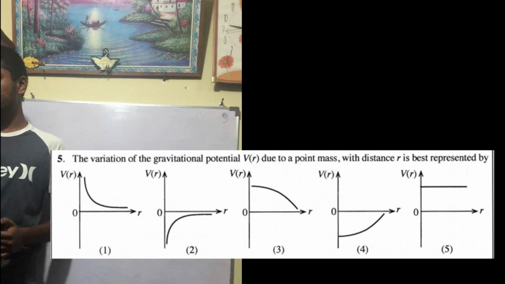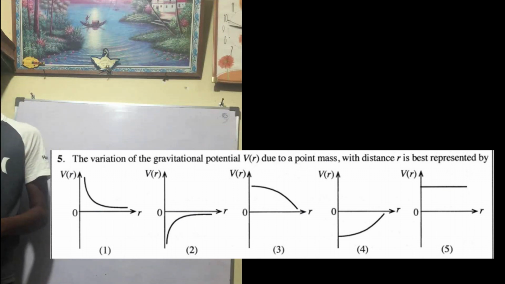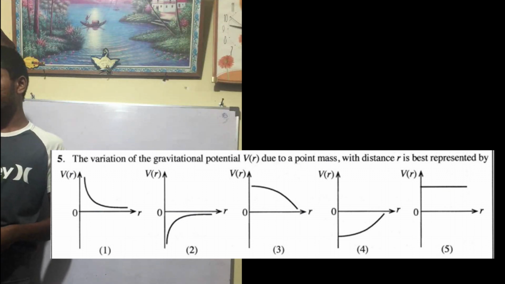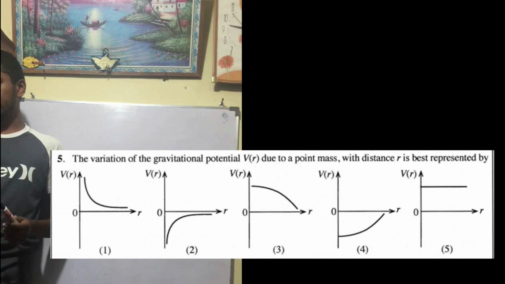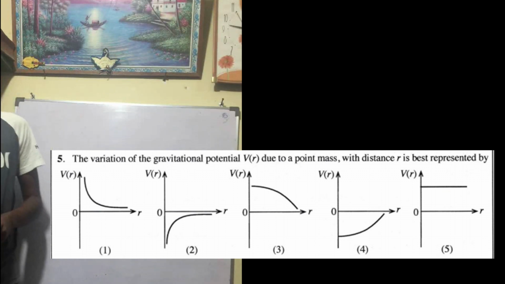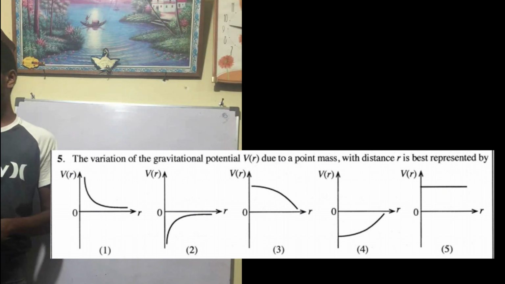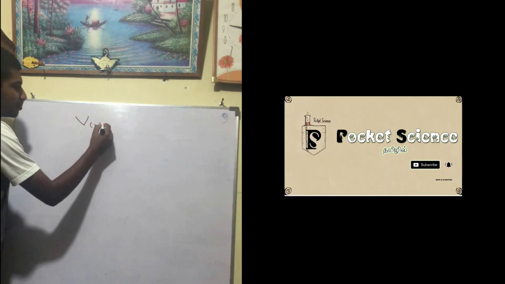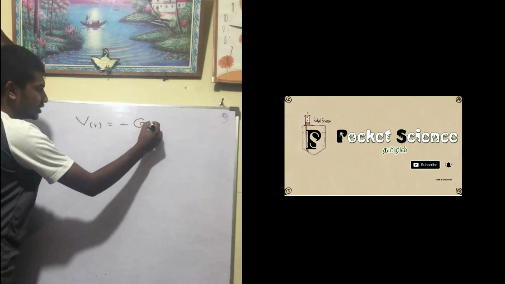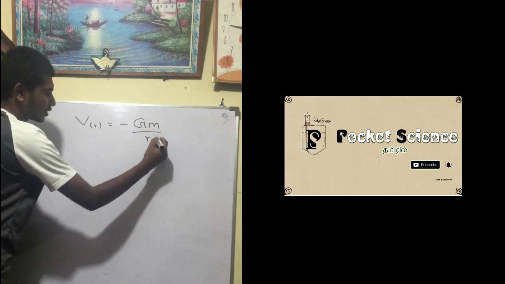So the next question is, the variation of the gravitational potential V(r) due to a point mass with the distance r is best represented by. In dealing with these kinds of questions, we should have a thorough understanding of the equation. The gravitational potential V(r) is given by minus Gm over r, right?